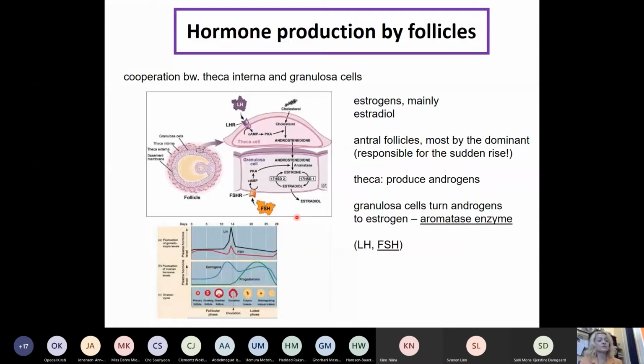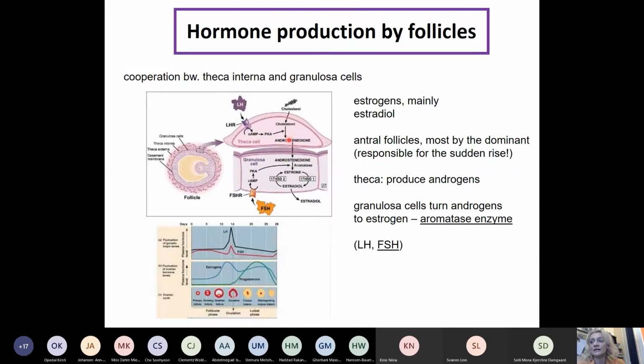The hormones produced, I already mentioned the estrogen and progesterone produced by the follicles. Before the corpus luteum, we had estrogen production, and this is a cooperation between Theca interna and the Granulosa cells. So the Theca cells produce the androgen, and then it's given actually to the Granulosa cells.